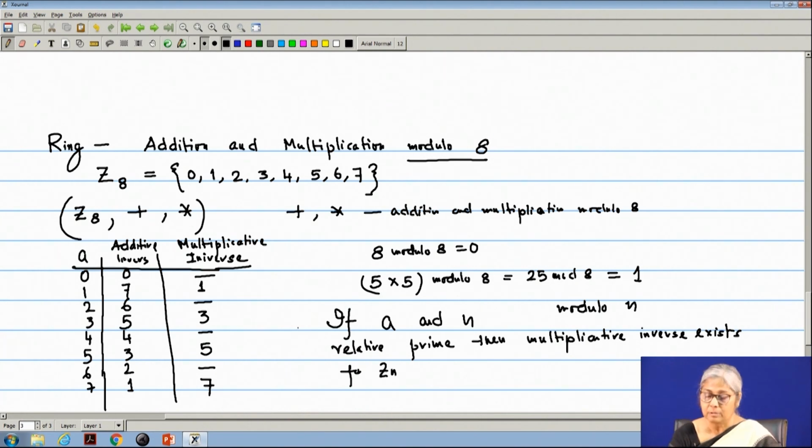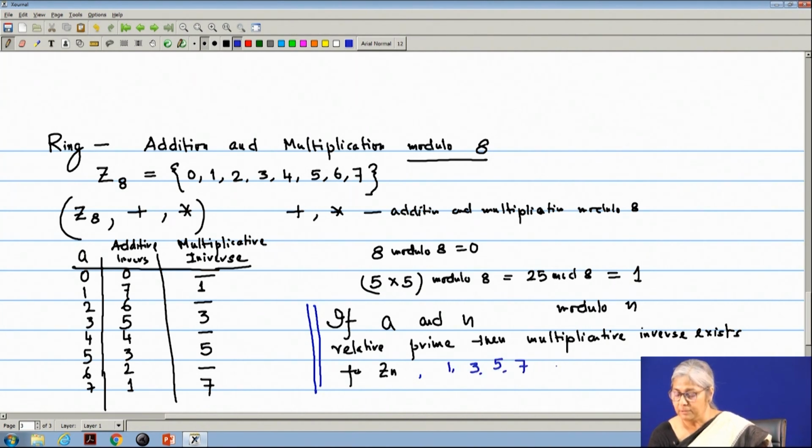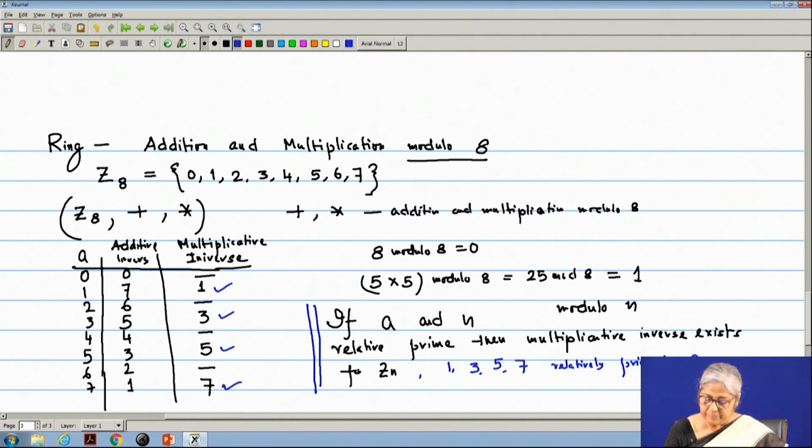Since 2, 4 and 6 are not relatively prime to 8, we did not get an inverse, but 1, 3, 5, 7 are relatively prime to 8, so the multiplicative inverse exists.